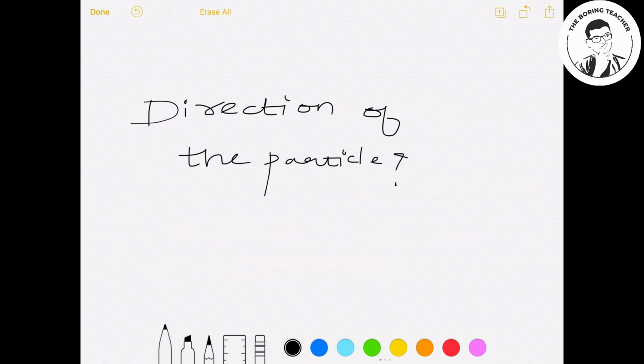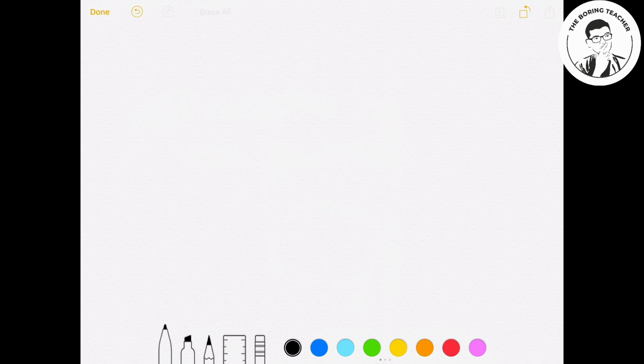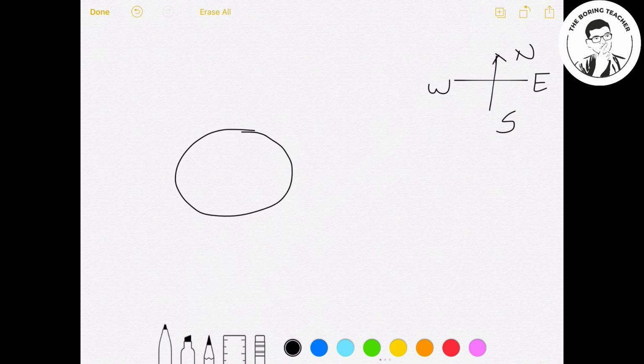Now, how to find the direction of the particle that is moving on a circular path? For defining the direction, let us first define the directions north, south, east and west. Let us say there is a circular motion in the anti-clockwise direction, and the particle is moving from point A to point B to point C to point D and then again to point A. As we know, the direction of a particle moving on a circular path can be found by drawing a tangent at that point.